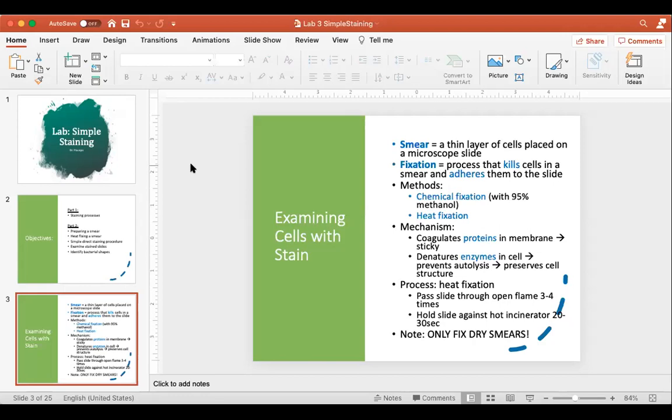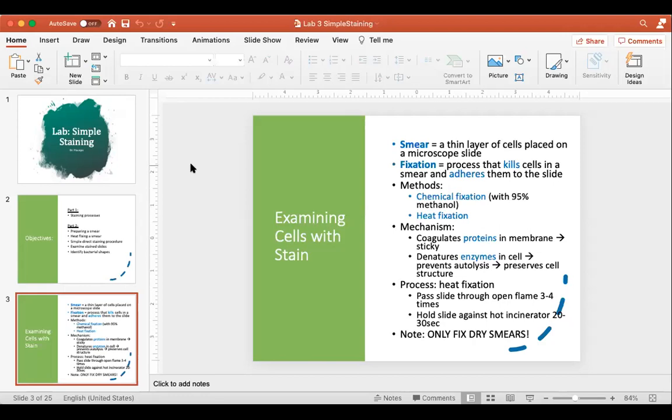You take a clip, any kind of clip, but most people use wooden clothespins in the laboratory because they're very helpful. You put your slide into the clothespin so that you don't have to hold the slide close to the flame, and you simply pass your slide through the flame 3 or 4 times.